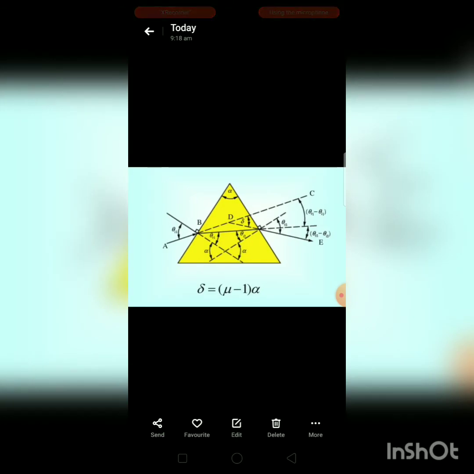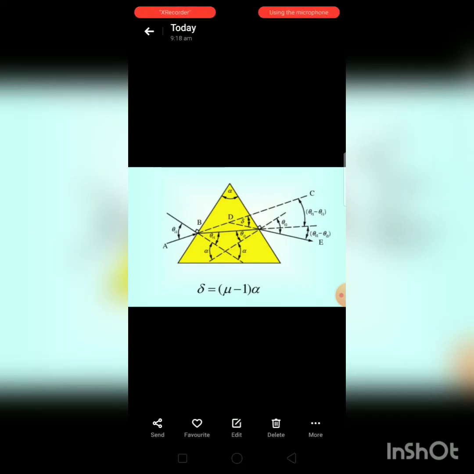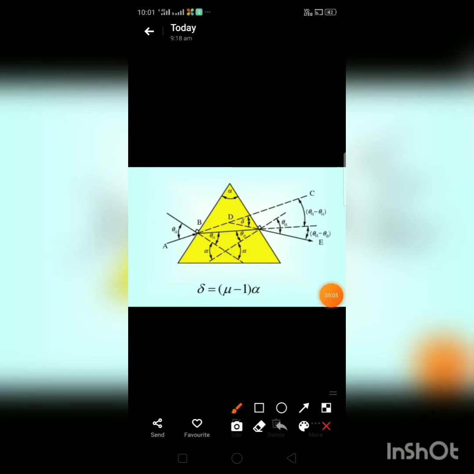Next, the prism shape. You all know how a prism looks. It has two triangles and three rectangles, and one of the surfaces is rough, which is the base. When light is incident like this, it will not go straight, it will be refracted.